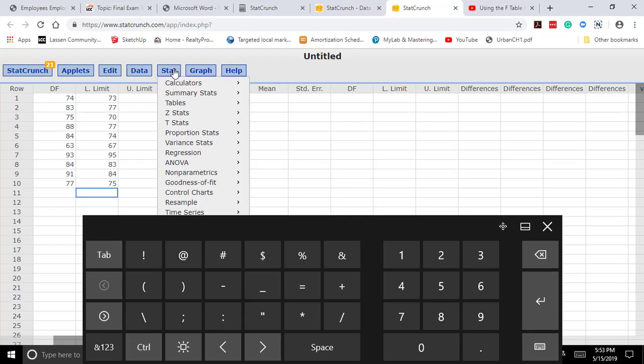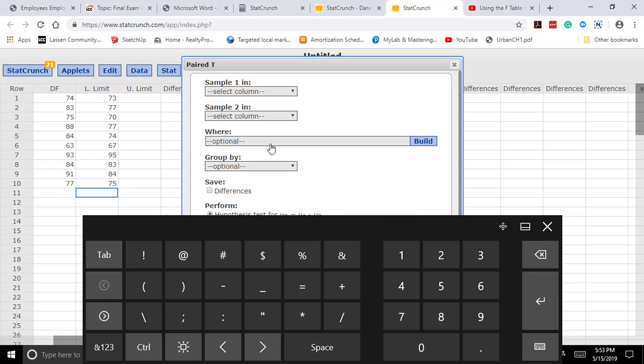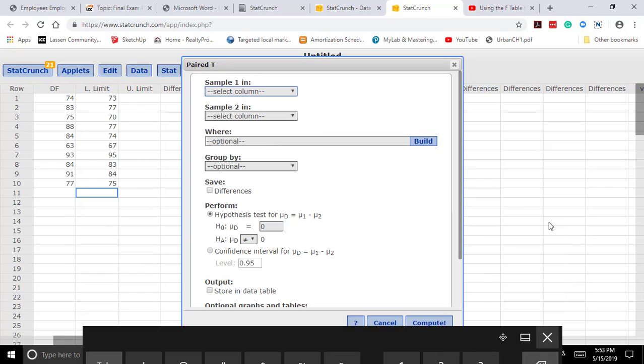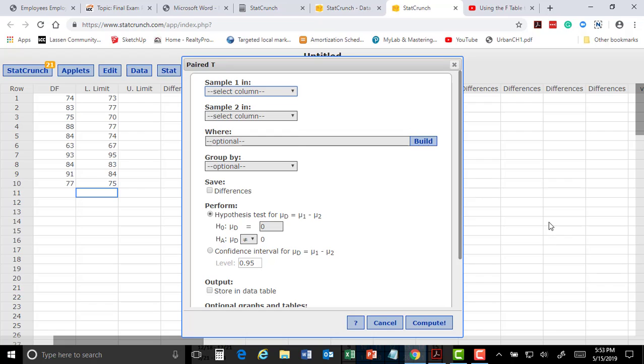So I went to the t-test, and I went to paired. Then over here, I just had to select the column for variable 1 and the column for variable 2. Okay, and I'm talking about the difference of the two. I'm not looking at the hypothesis right now.